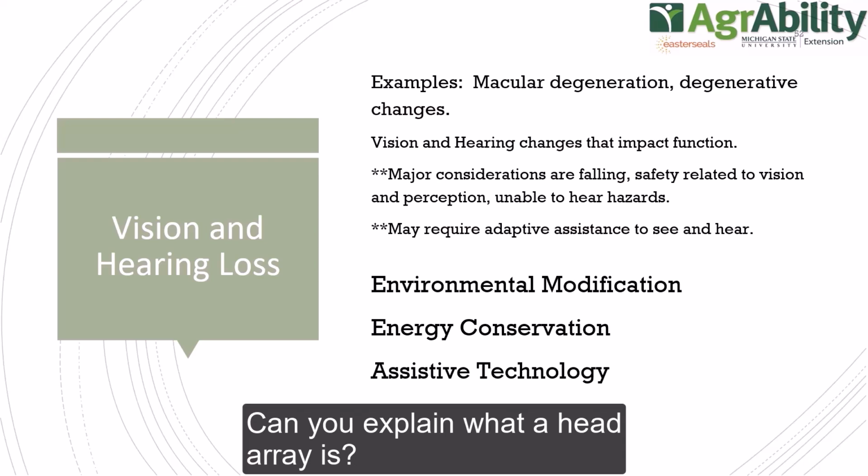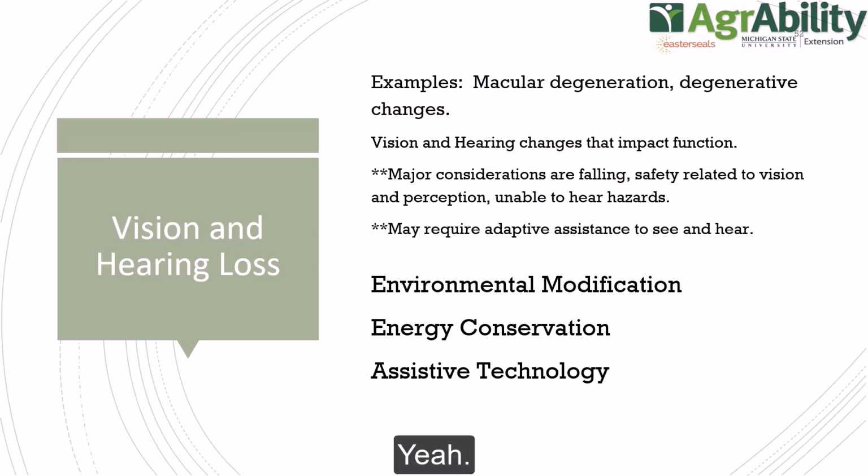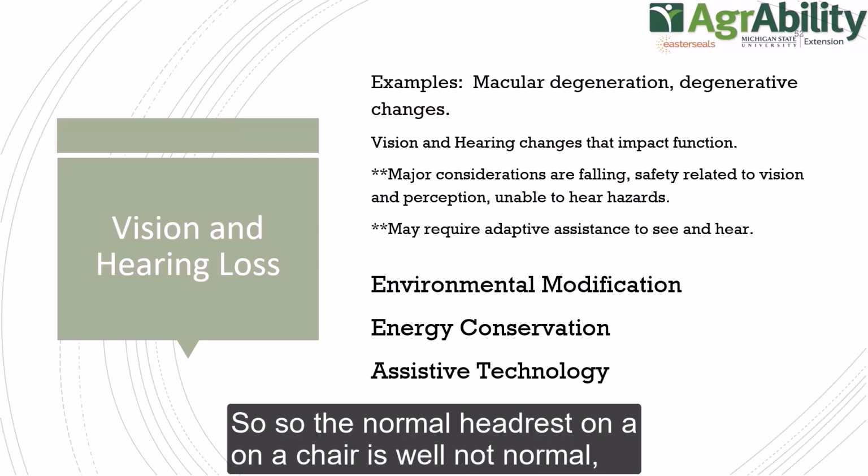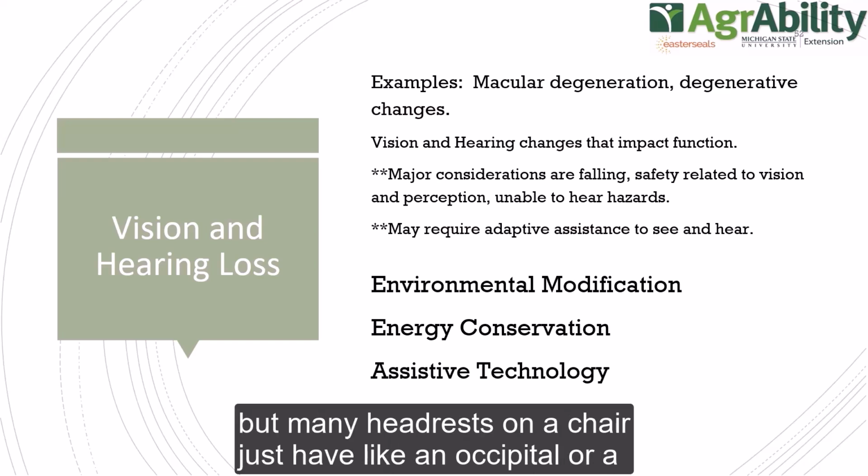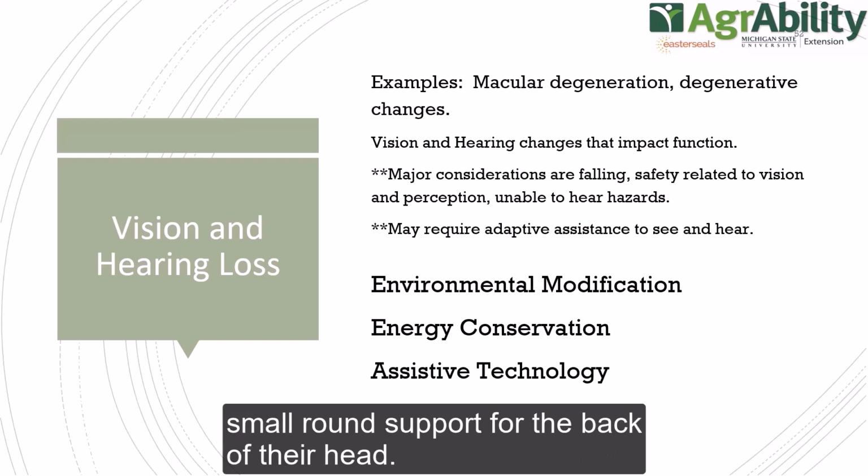Can you explain what a head array is? Oh, sorry. Yeah. So many headrests on a chair just have like an occipital or a small round support for the back of their head.